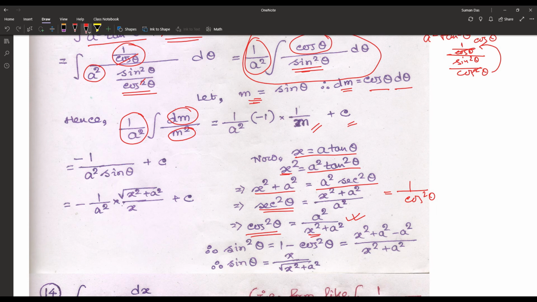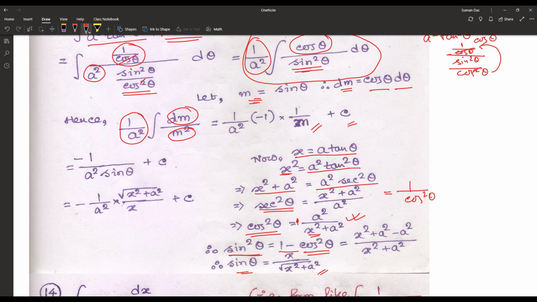Now sin square theta is equal to 1 minus cos square theta. So 1 minus that is becoming x square plus a square minus a square, divided by x square plus a square. So sin theta is equal to x divided by square root of x square plus a square.